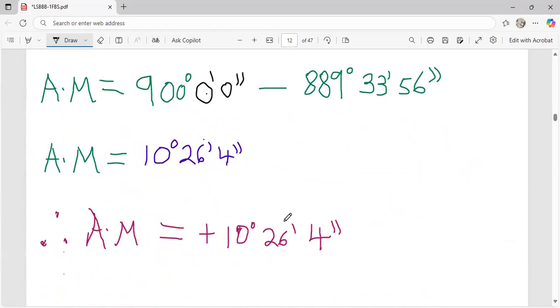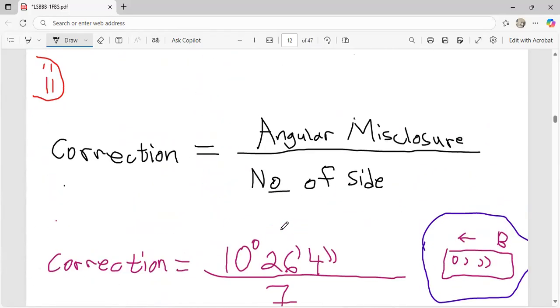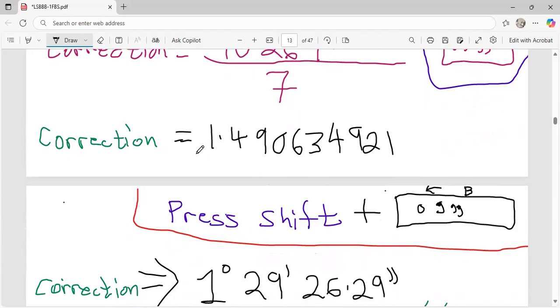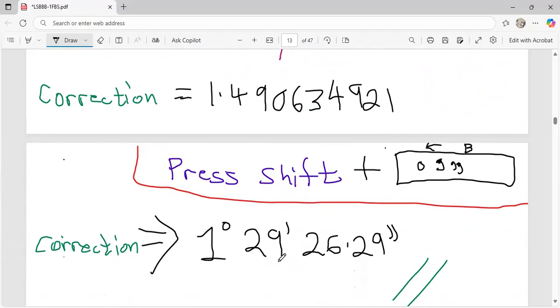After our calculation, we said that our correction is equal to the angular misclosure over the number of sides, whereby we divided the angular misclosure by 7. At the end of the day, we had 1.4906. So we have to press shift and press this key again to give us our correction in this form.